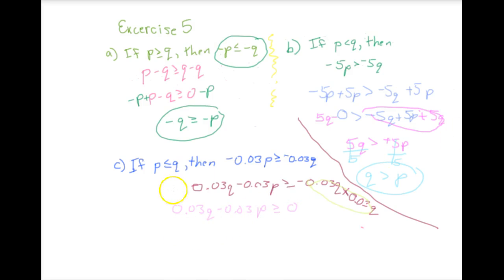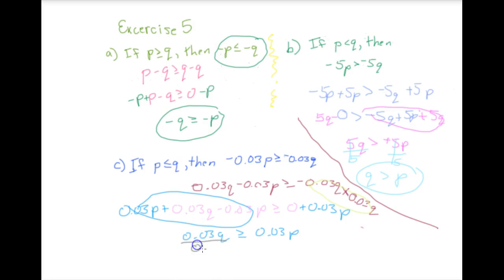So I will add 0.03, 3/100ths of P, to both sides, and a 0 pair, yay, and we have 3/100ths Q greater than or equal to 3/100ths P. Divide by 3/100ths, 0.03, and we get Q greater than P.